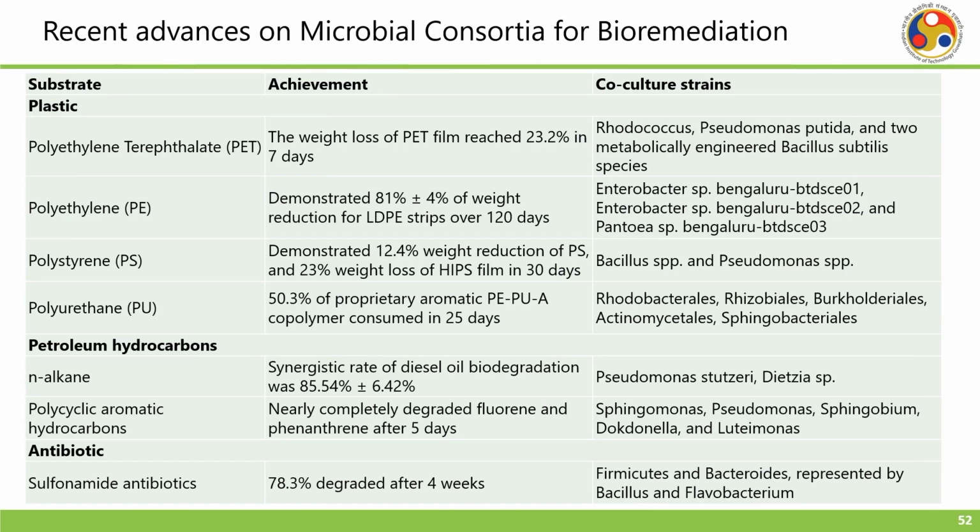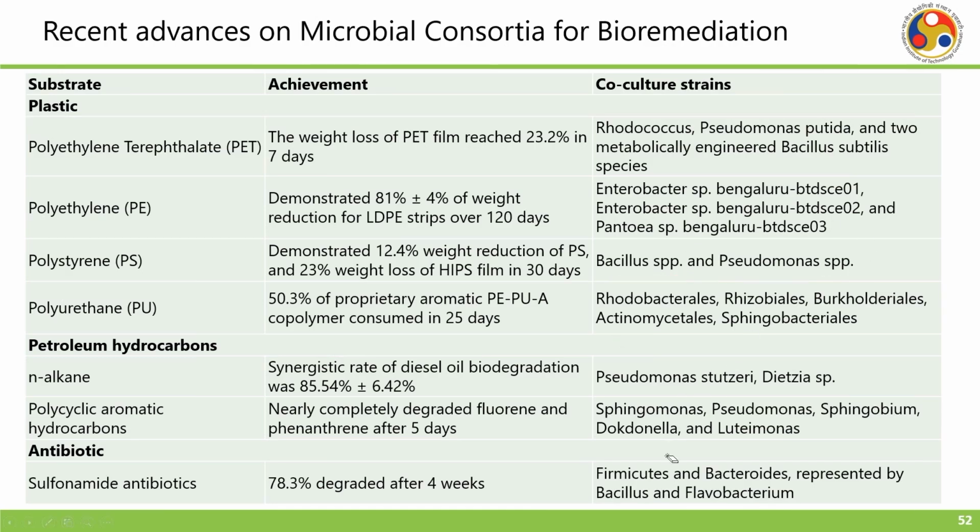days, and Enterobacter species Bengaluru BTDSC 01, 02 and of course 03, and also Pantoea species were used in this degradation. Then there is polystyrene, which demonstrated 12.4% weight reduction and 23% weight loss of HIPS film in 30 days utilizing Bacillus species and Pseudomonas species.